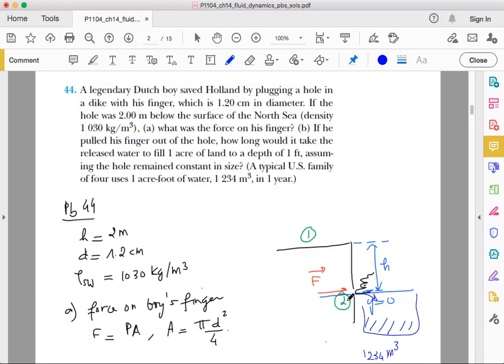For each fluid, you will associate a pressure, and then you will associate a force. And of course, you know that the force is all the time perpendicular to the surface, or to the point where the object is in contact with the fluid. And in magnitude, it's equal to the pressure multiplied by the cross-sectional area.